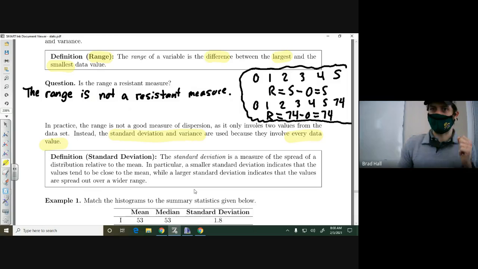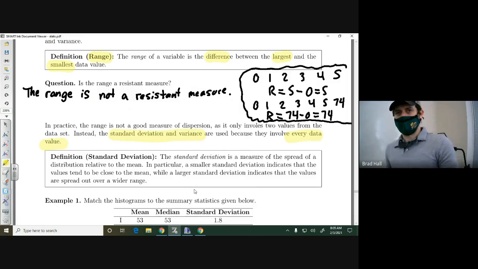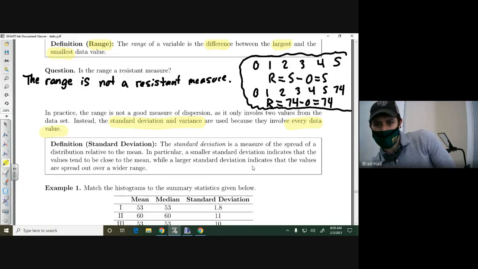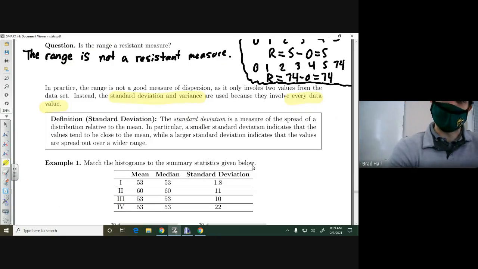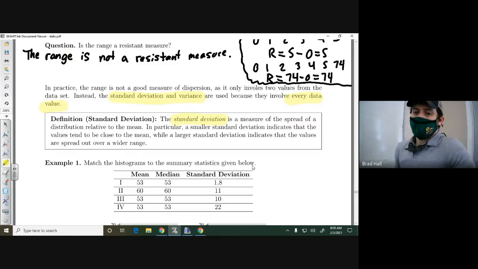And we'll start off with the standard deviation from a more conceptual idea at first, and we'll move into its formulaic interpretation. The standard deviation measures the spread of the distribution relative to the mean.